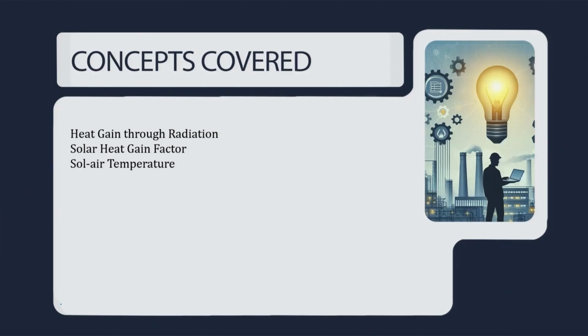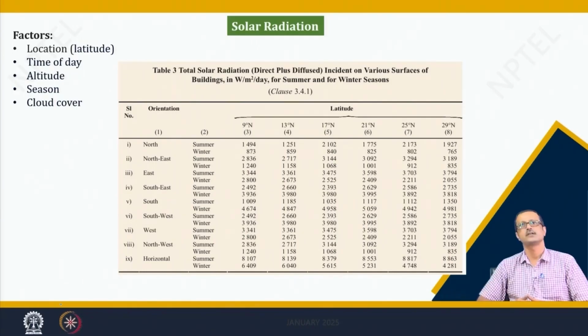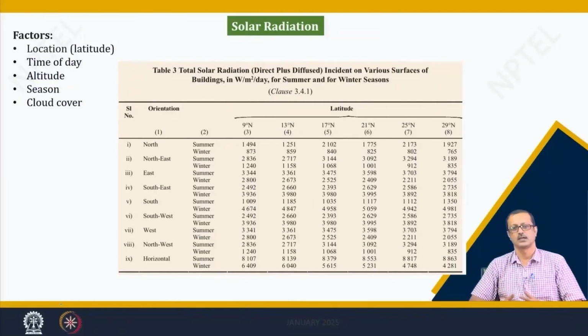This radiation, the solar radiation, is going to be involved in heating different objects. The radiation heat will first fall upon the building surfaces, roofs, different walls, and the windows.